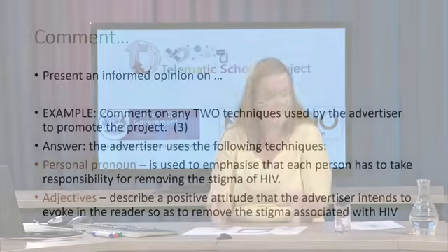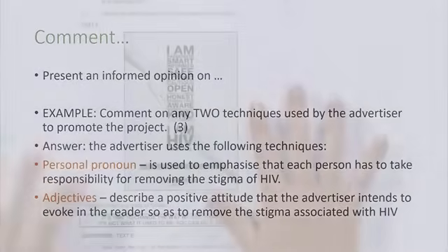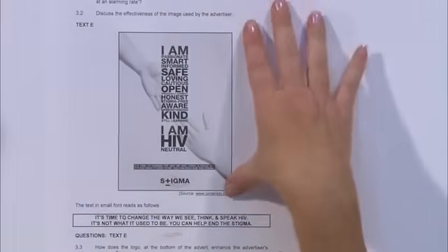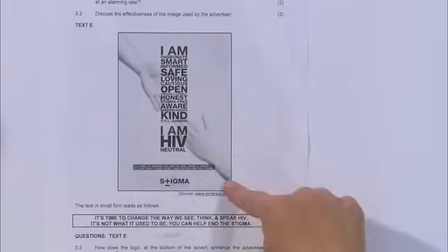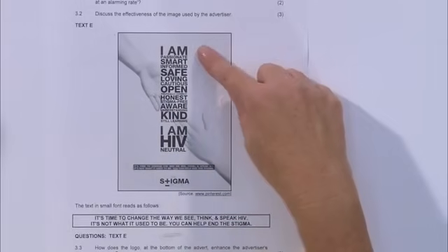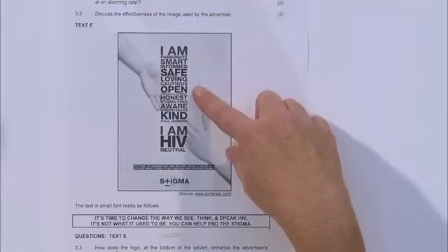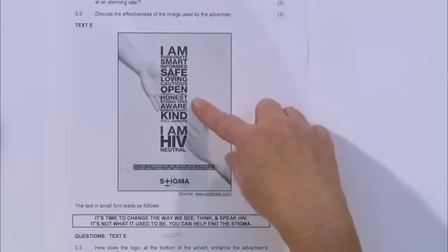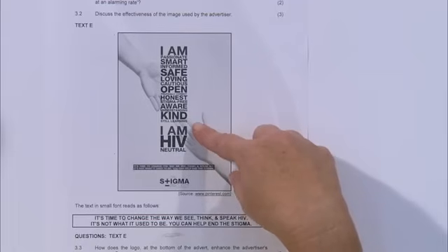Explain why, always. So an example from, there's a different advert now. Same paper, but they've got a different advert. We just look at this quickly. Their text E. It is two hands, a hand reaching out to help another hand. It's like a helping hand. And then across that is written, I am passionate, smart, informed, safe, loving, cautious, open, politically correct, honest, stigma-free, aware, understanding, kind, still learning.